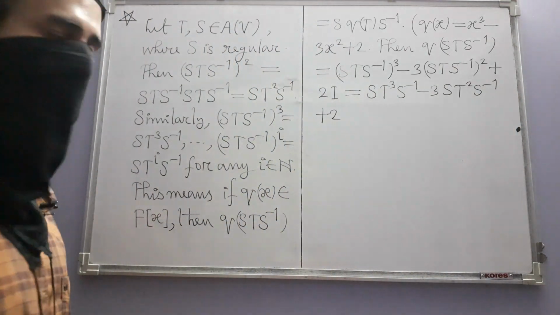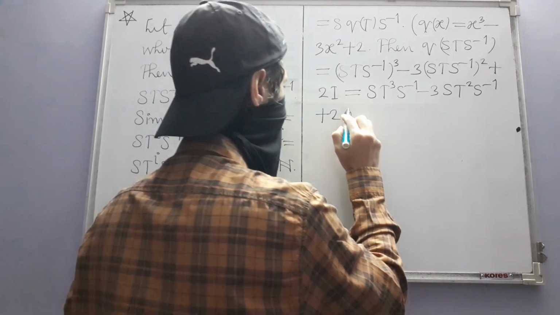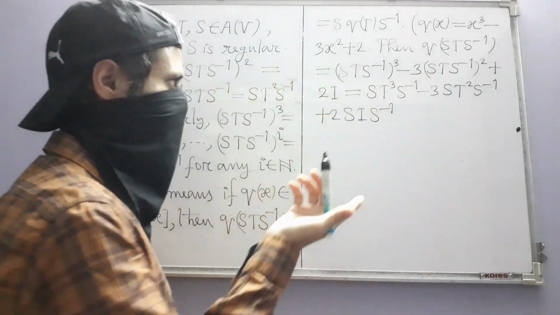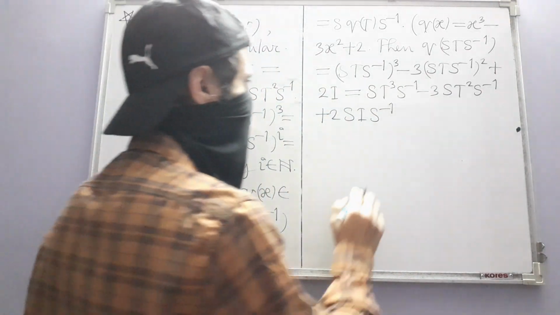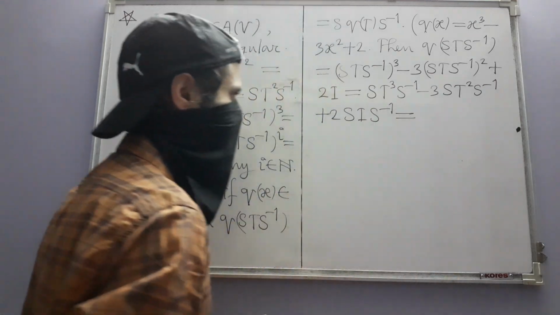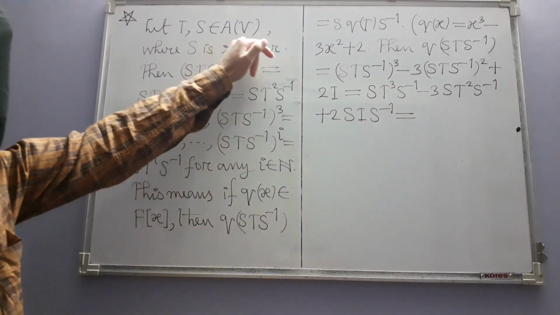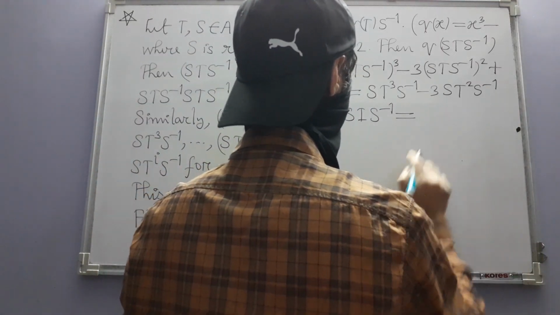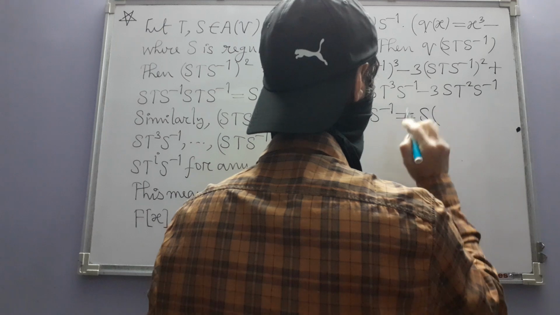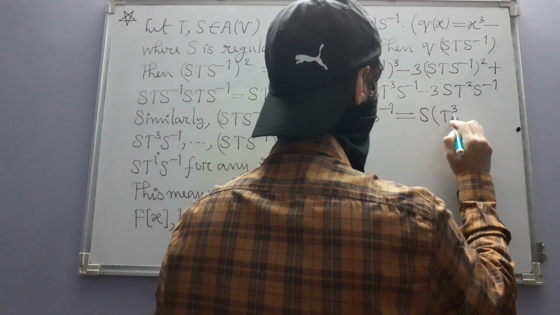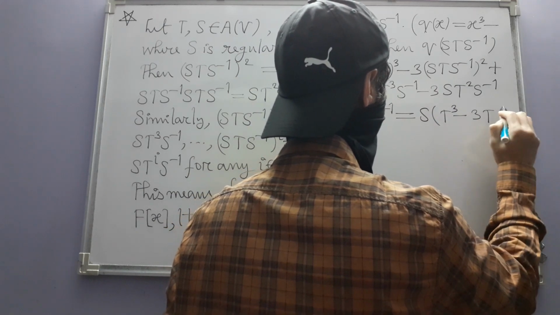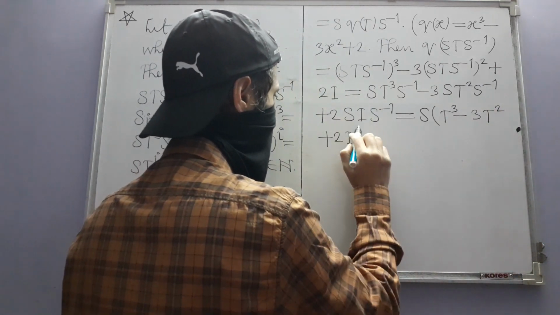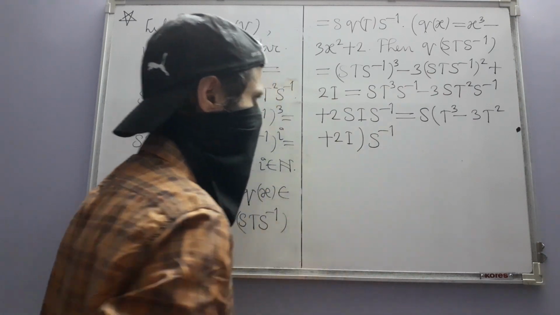Now, in place of I, you can also write S I S inverse, because that ultimately is going to be I. And using the fact that we are in this algebra and we have the algebra axioms, this thing is equal to S times T cube minus 3T square plus 2I, times S inverse.